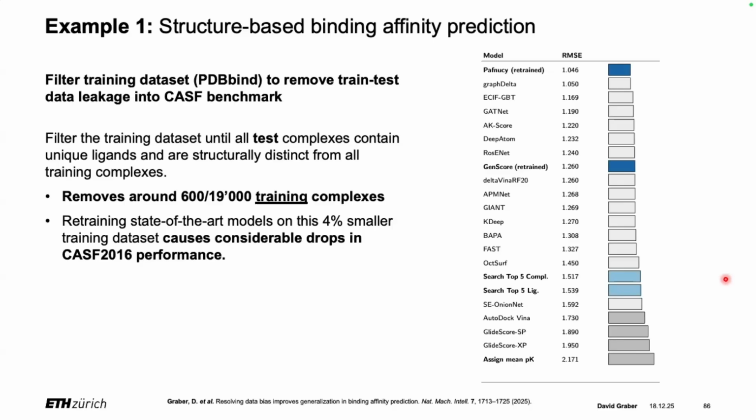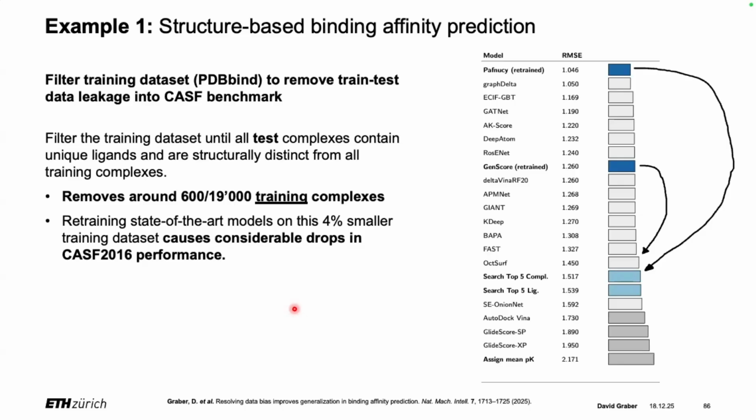This removed about 600 training complexes, and retraining the state-of-the-art models on this 4% smaller training dataset caused quite considerable drops in benchmark performance. So GenScore dropped to around this level here. And the previously best one, PAFNUCY, dropped to around here, close to these simple lookup algorithms.